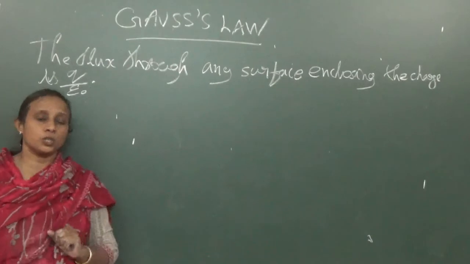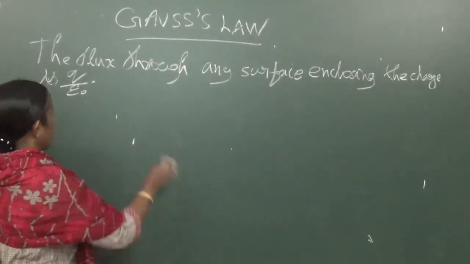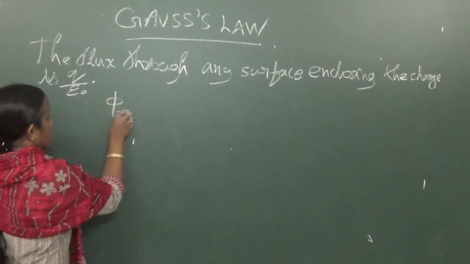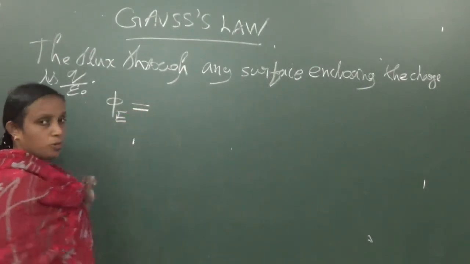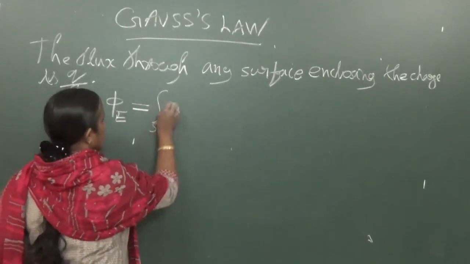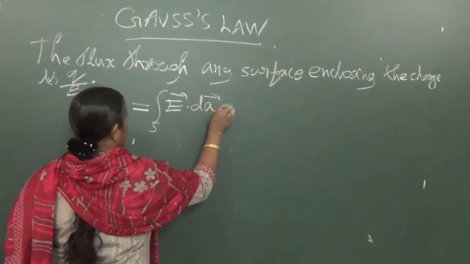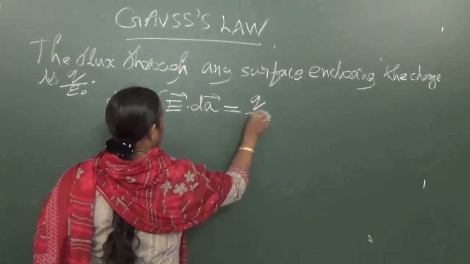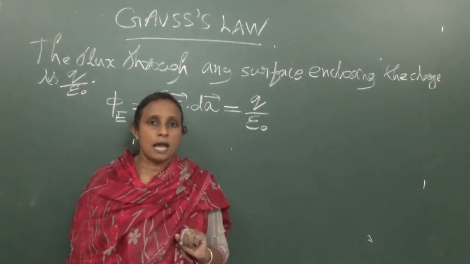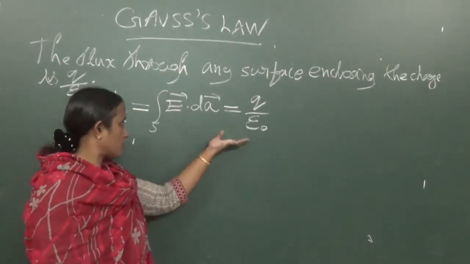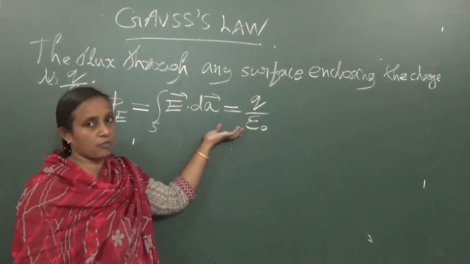In mathematical form, you can write this Gauss law as phi e equal to the surface integral of E dot dA equal to q by epsilon 0. Actually, for reaching this equation, we assumed a spherical surface.